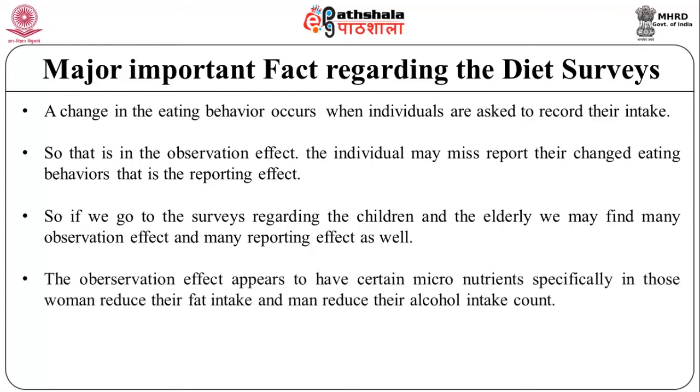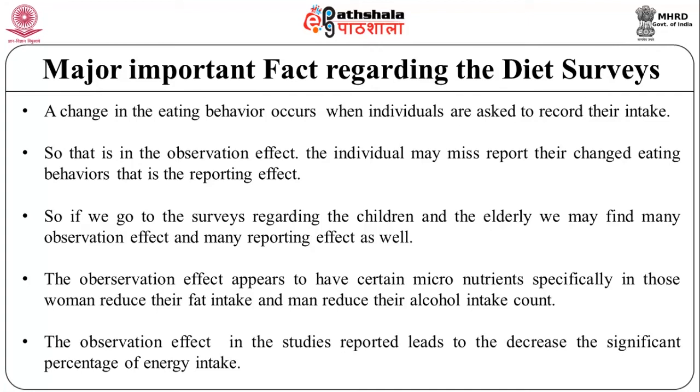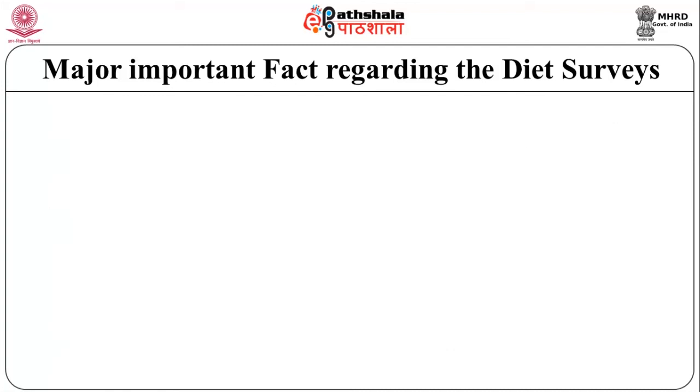The observation effect appears to affect certain micronutrients, specifically, women reduce their fat intake and men reduce their alcohol intake. The observation effect in the studies reported leads to a decrease of a significant percentage of energy intake.